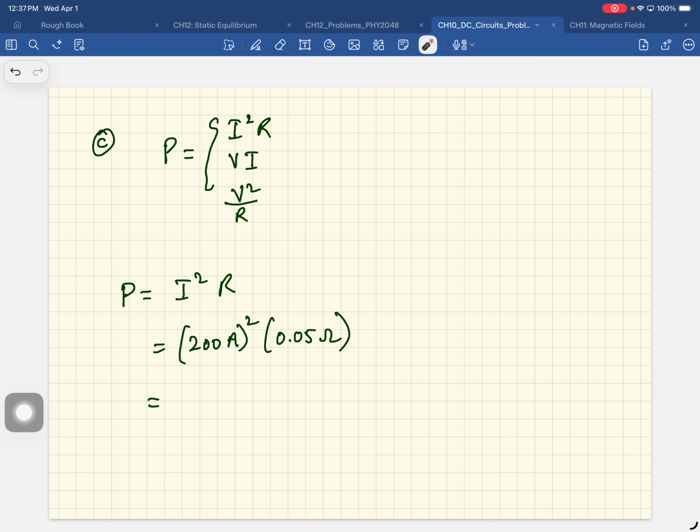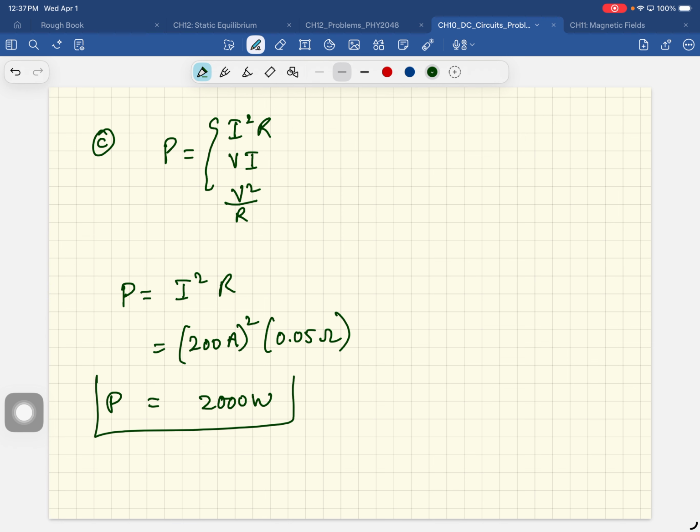So 200 squared times 0.05, which is 2000 watts. So the energy supplied per second to start your motor is 2000 watts. That's about 20 times as powerful as a 100 watt bulb, to crank your motor.